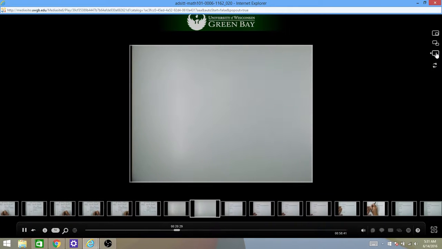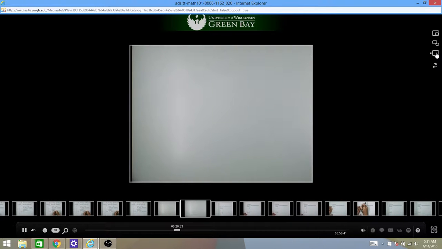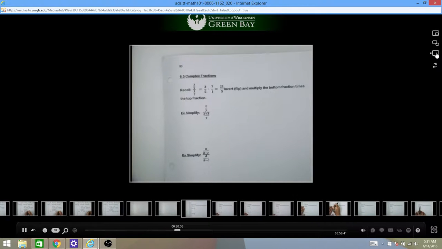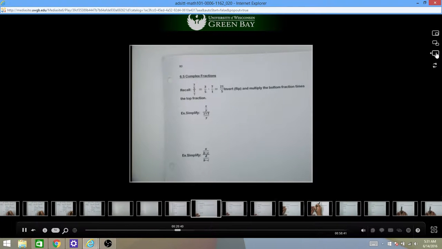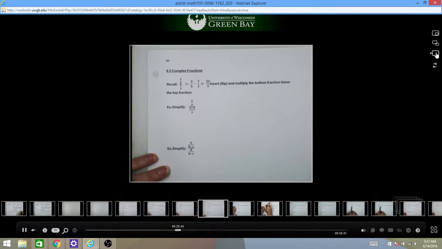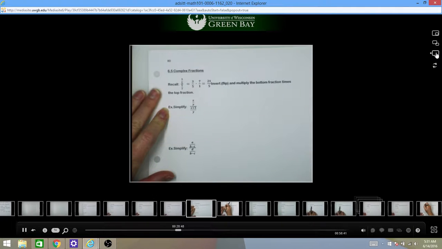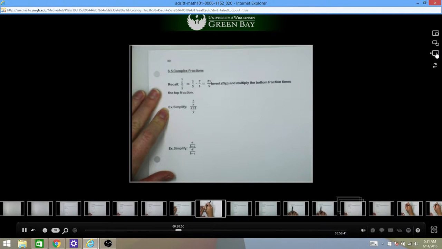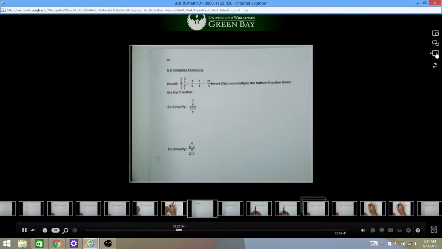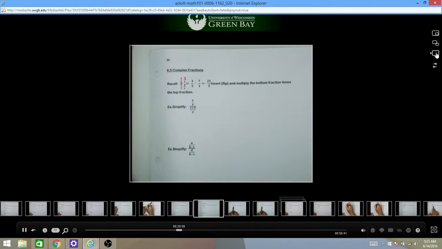Okay, let's take a look at 6.5, complex fractions. So we talked about dividing fractions and how when you divide a fraction by a fraction, you invert and multiply. And the reason we do that is because you can take your fraction and multiply the numerator and denominator by the flipped fraction from the denominator, 7 over 1.